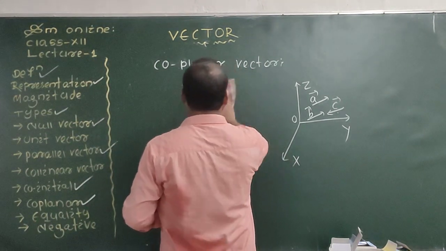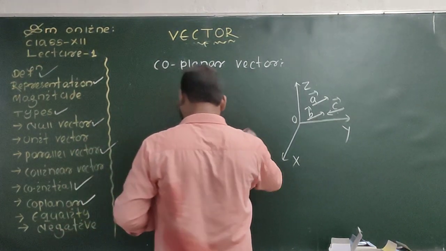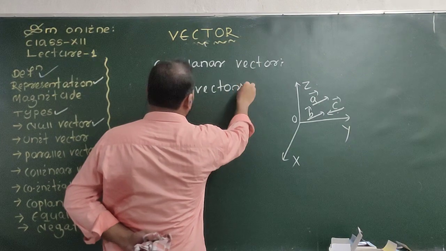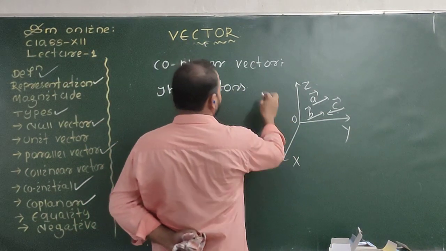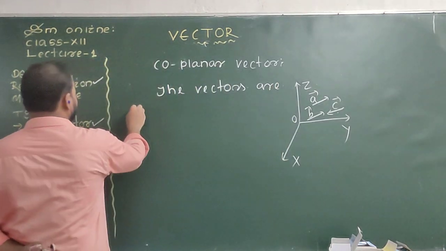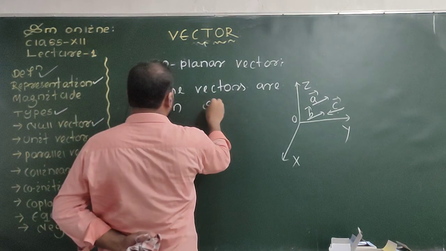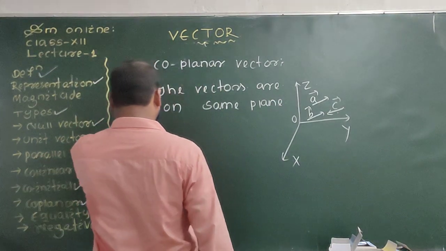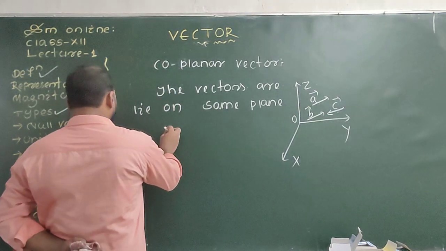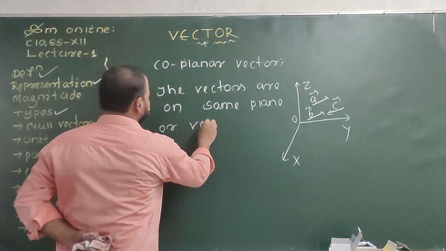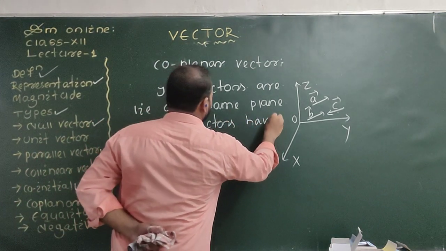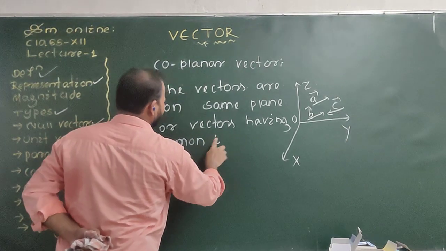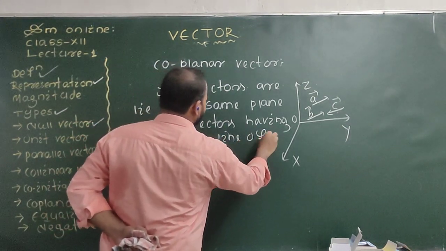Our definition, what will we write? Coplanar vectors mean the vectors lie on the same plane, or a common plane, or vectors having a common line of support to the plane.